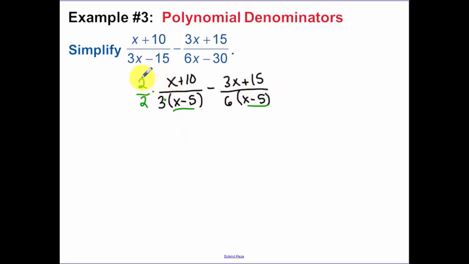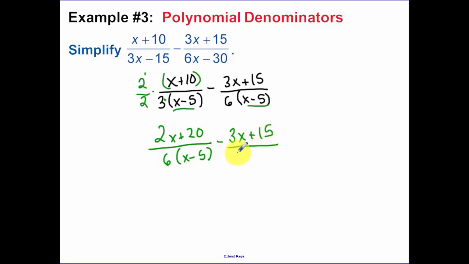So if I multiply by 2, remember this is a quantity that I need to distribute to. And keep that denominator unfactored. Now, remember your denominator, keep that factored.